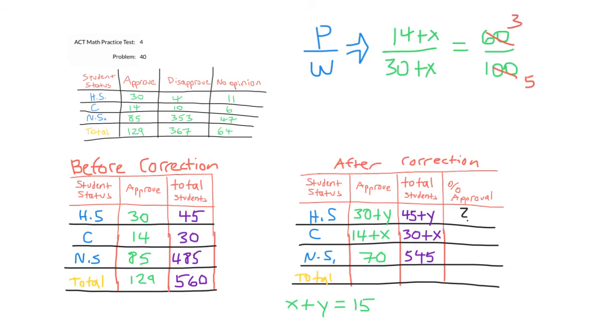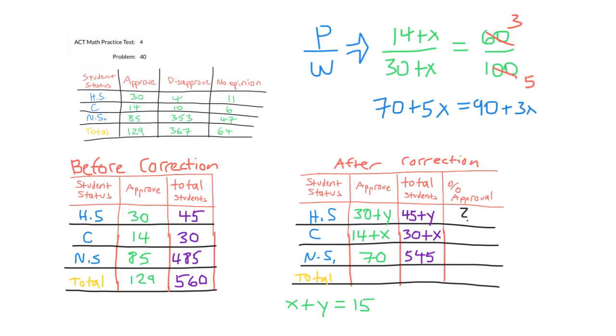I would advise that to make your life easier. Cross multiplying, we would have to distribute the 5 into this entire quantity and the 3 into this entire quantity, and that's going to end up giving you 70 plus 5x, and then 90 plus 3x.